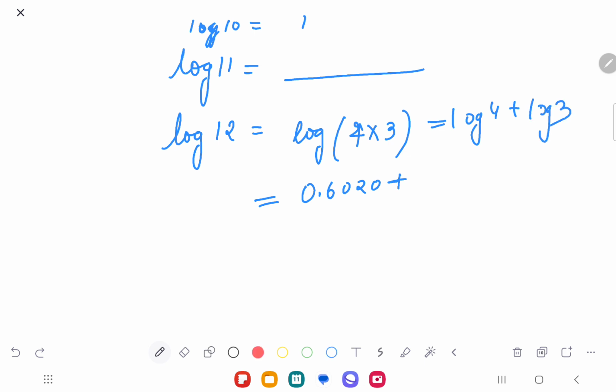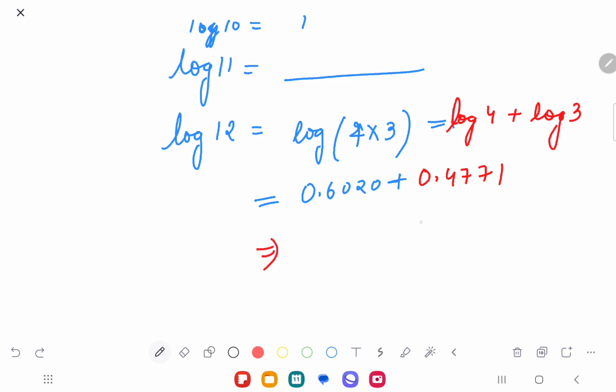Log 4 is 0.6020 and log 3 is 0.4771. Are you understanding my point? When you add up the values, when you have to calculate the value of log 12, you get 1.0791.